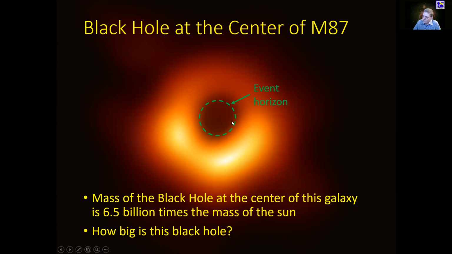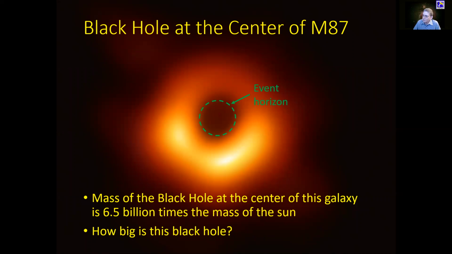And here is what we call the event horizon. Essentially that is a point at which if something goes inside of this event horizon dotted line that you see right here, anything that enters that region will not be able to escape.